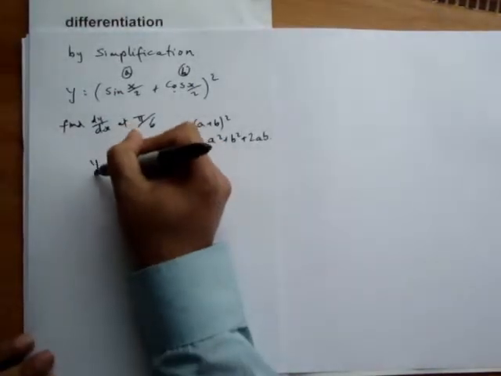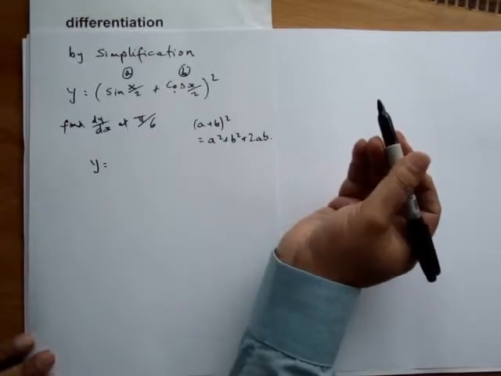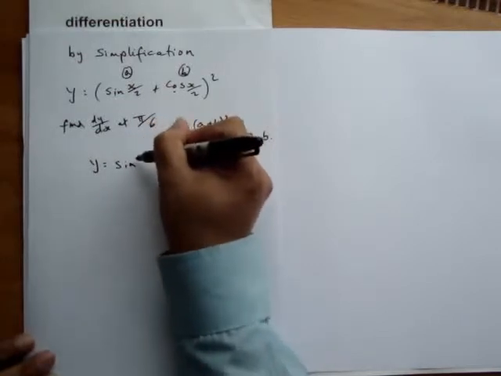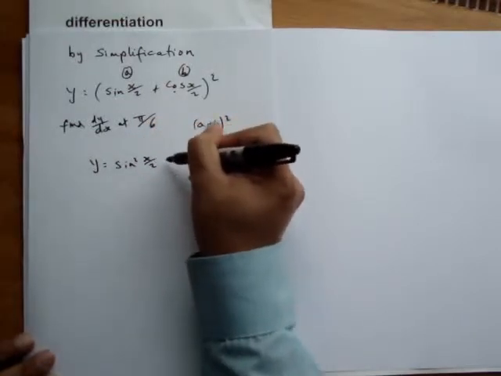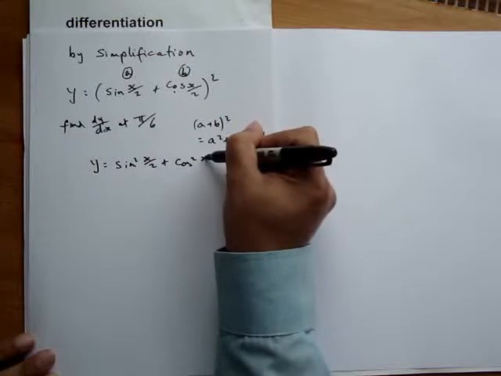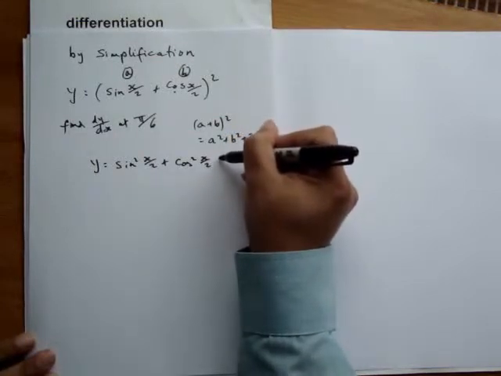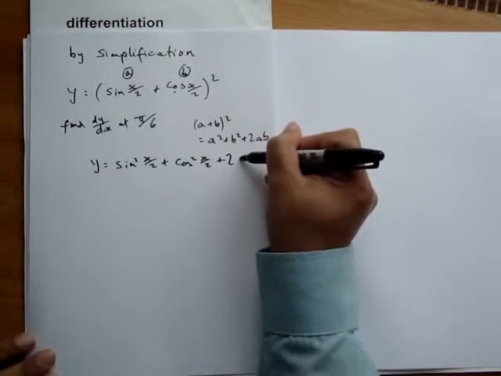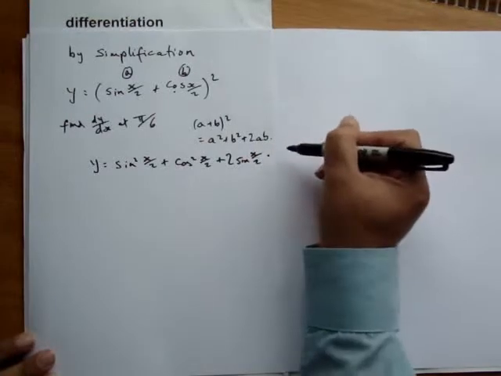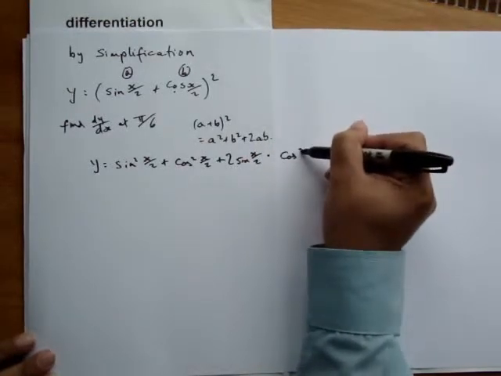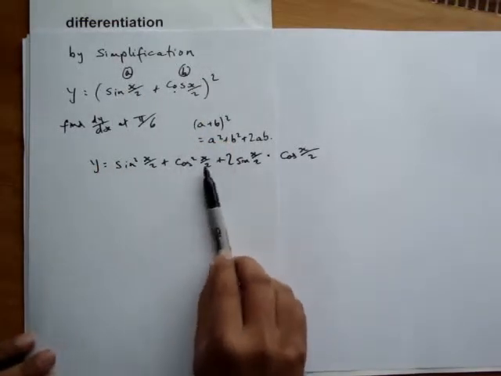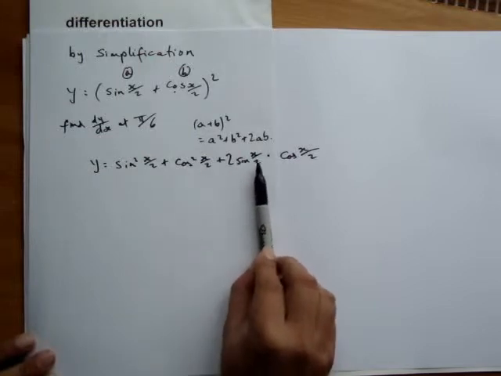So when we rearrange that, we get y equals sine squared x over 2 plus cos squared x over 2 plus 2 sine x over 2 multiplied by cos x over 2. So it becomes a squared plus b squared plus 2ab.